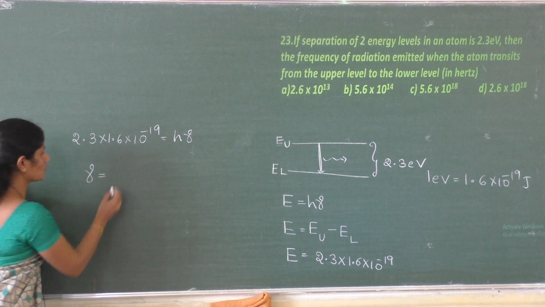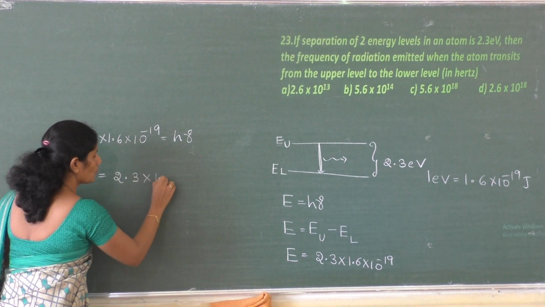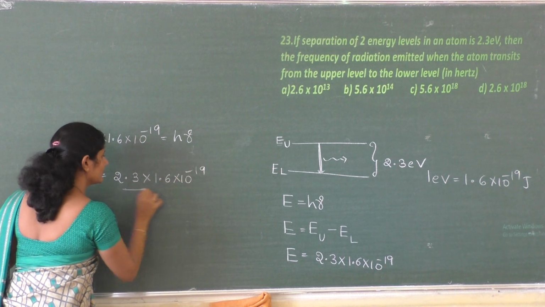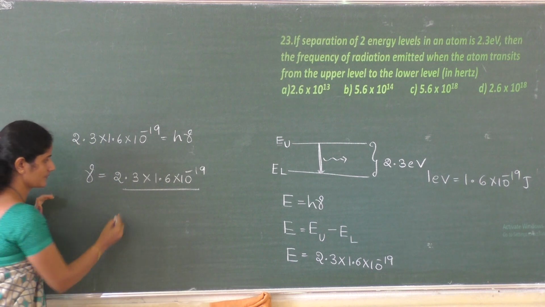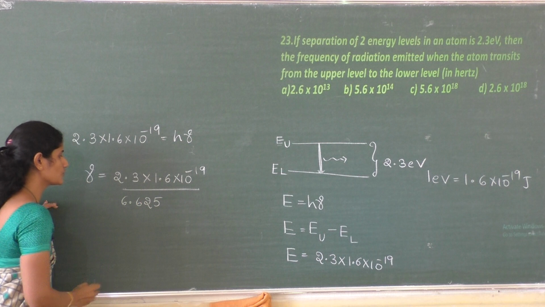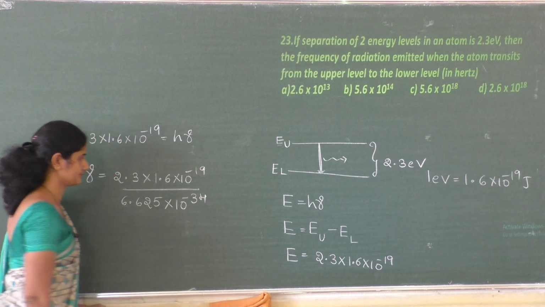So nu is equal to 2.3 into 1.6 into 10 to the power minus 19 divided by h. h is Planck's constant, 6.625 into 10 to the power minus 34.